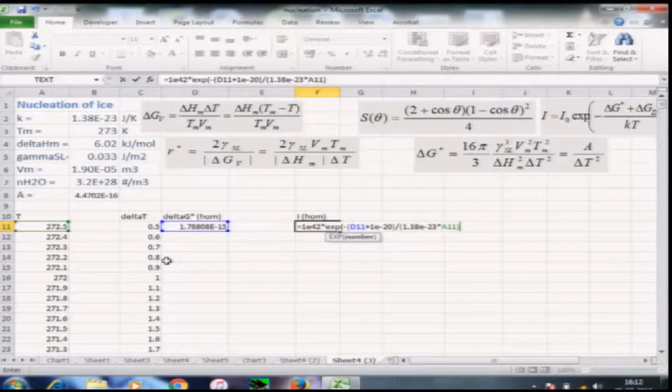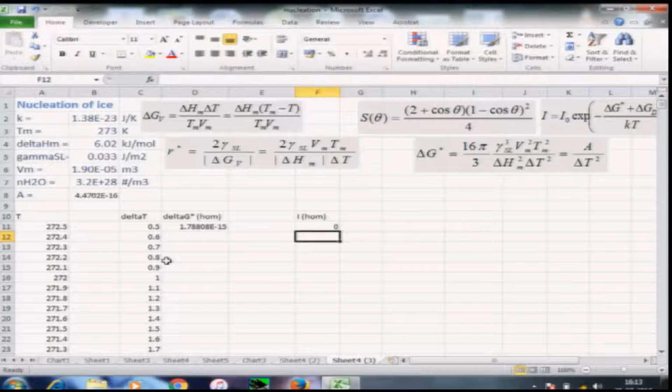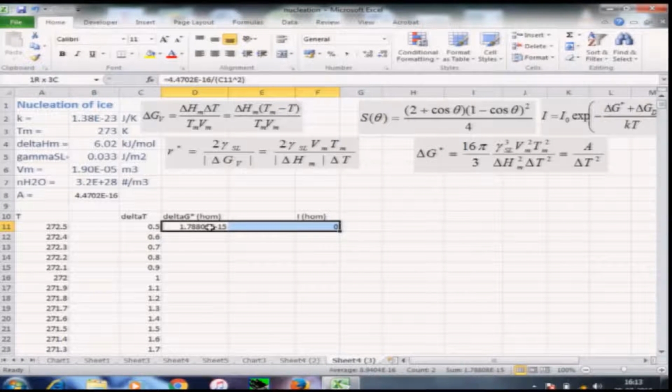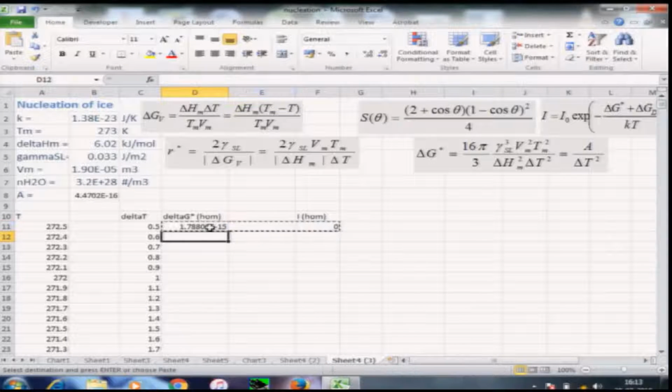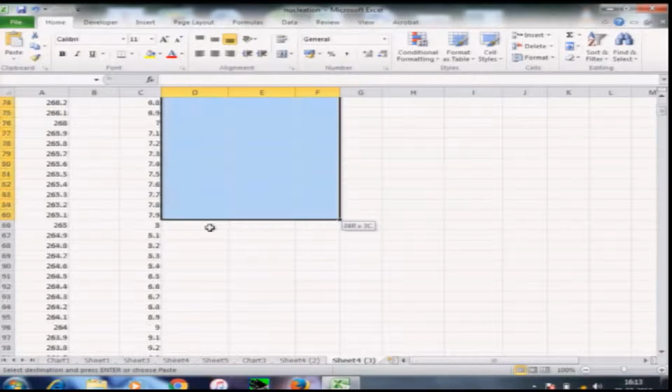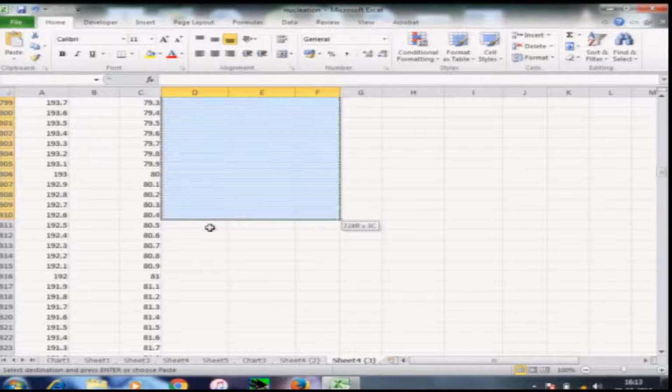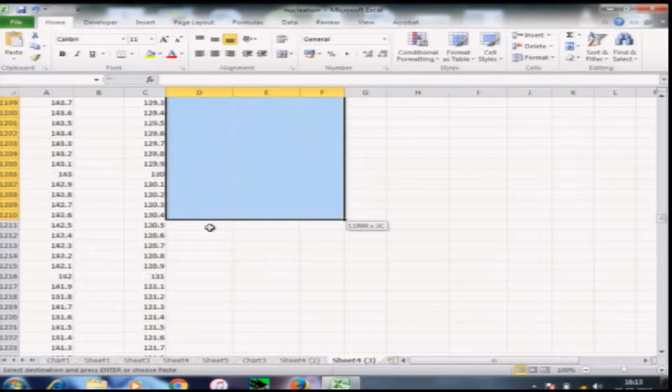Then I close the bracket for the exponential and enter. Well, I get a value which is showing as 0, which means that at this small undercooling the nucleation rate is essentially 0. It is a very, very small number and it is not able to show. Now, all I have to do is copy these two formulae downwards to get nucleation rate as a function of various undercooling.